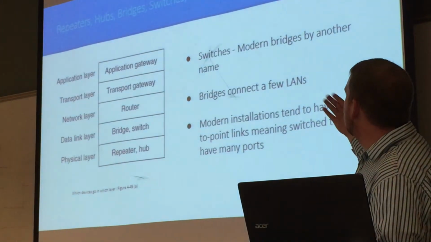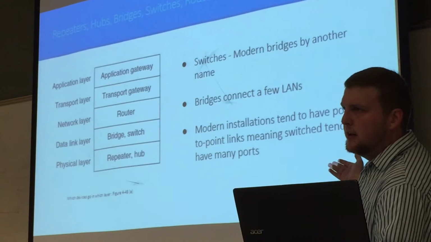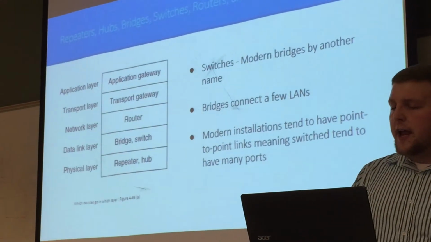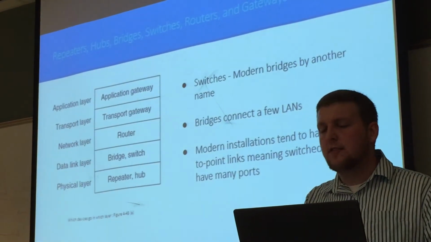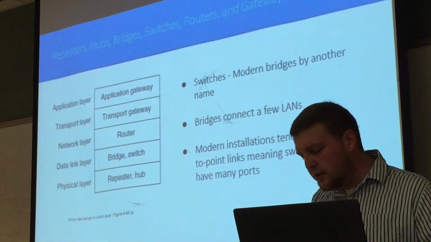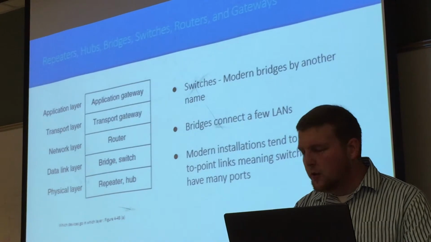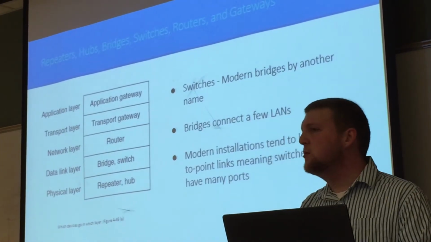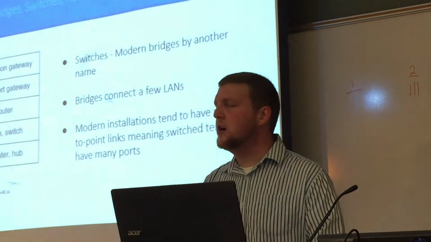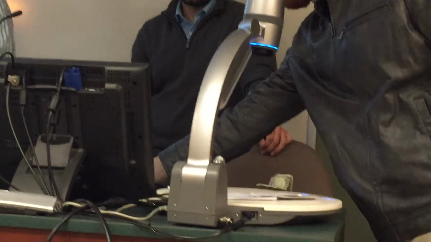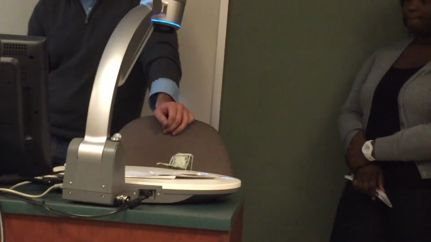One difference is that bridges tend to connect fewer LANs than switches in modern installations, so switches tend to have point-to-point links, so they can have more ports. One of the main differences is just in terminology. Switch is a broader term. Switches can refer to things other than network switches, while bridges are just network bridges.